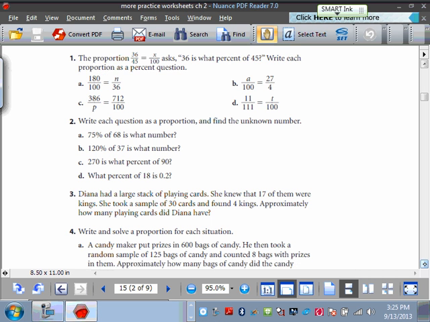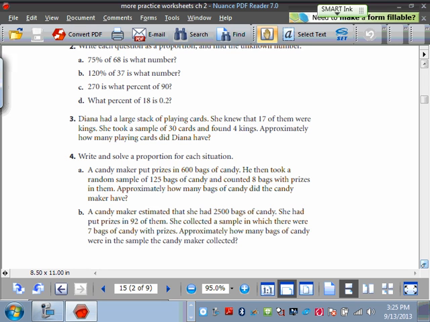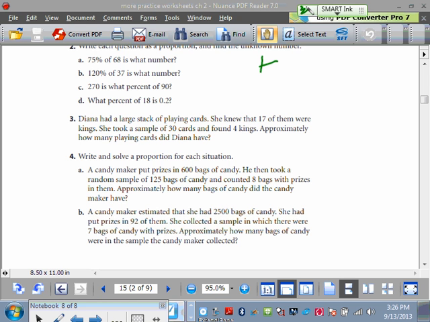Number 3, as we're jumping down. All right, so we've got a word problem. In this word problem, it is our job to set up that proportion and solve for our unknown. So we're finding a proportion of kings to total number of cards. I always keep the labels up here so I can keep it straight when I'm filling it in later.